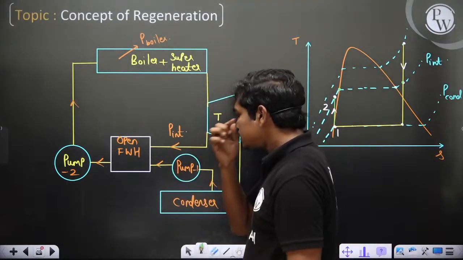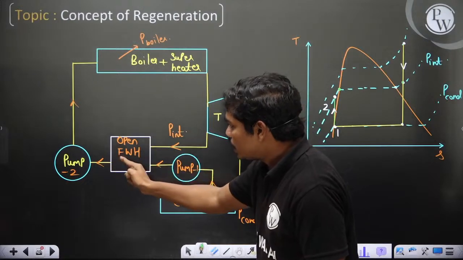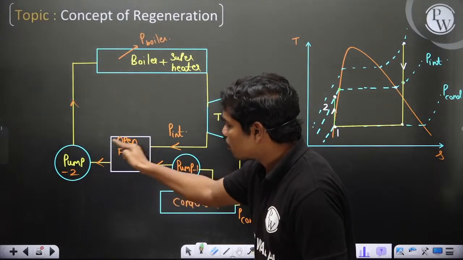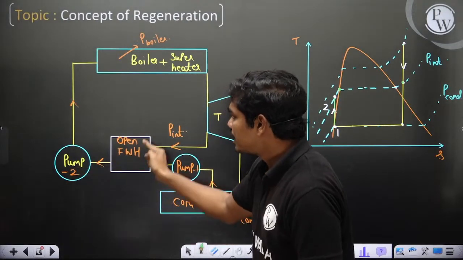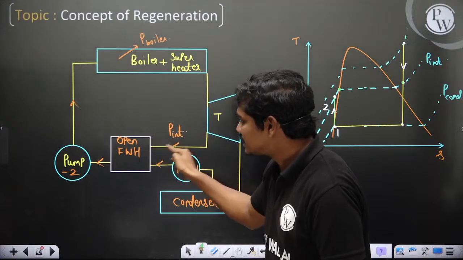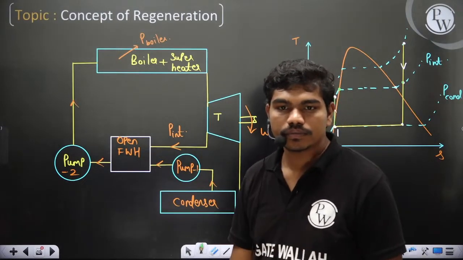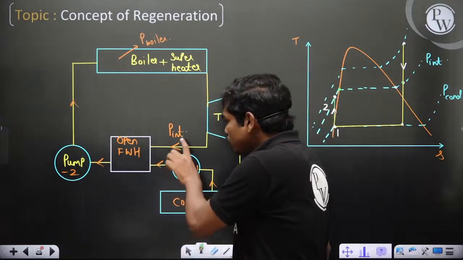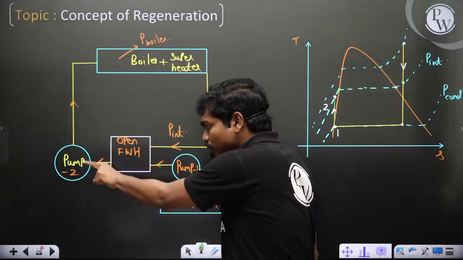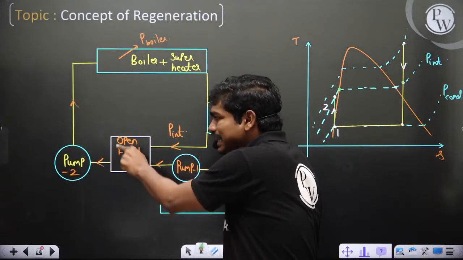Also, if you want to send the outlet of this open feed water heater into the pump, the steam which is coming inside should definitely get converted completely to liquid. Try to understand here. If you want to send this mixture into the pump, the inlet to the pump should definitely be liquid.